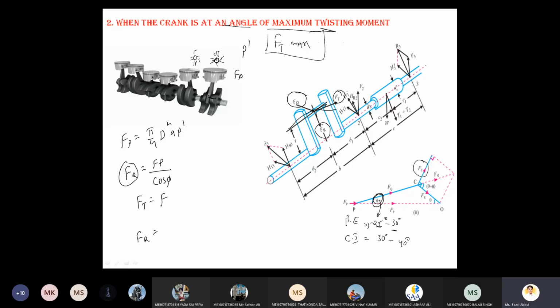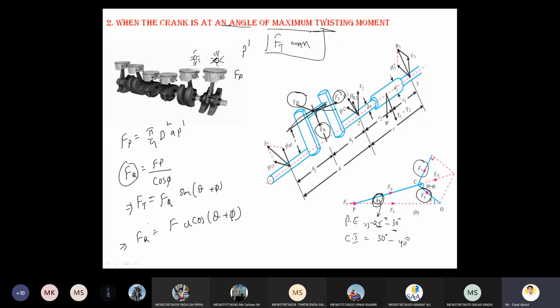From this triangle relation, FT equals FQ into sin(theta plus phi), and from this triangular relation, the radial force FR equals FQ into cos(theta plus phi). This is the tangential force, and this is the one along the crank pin.